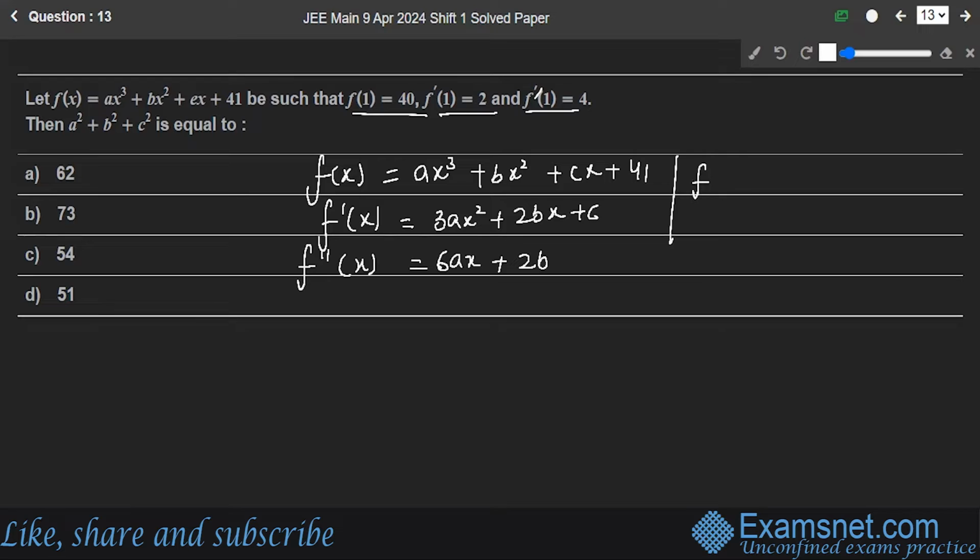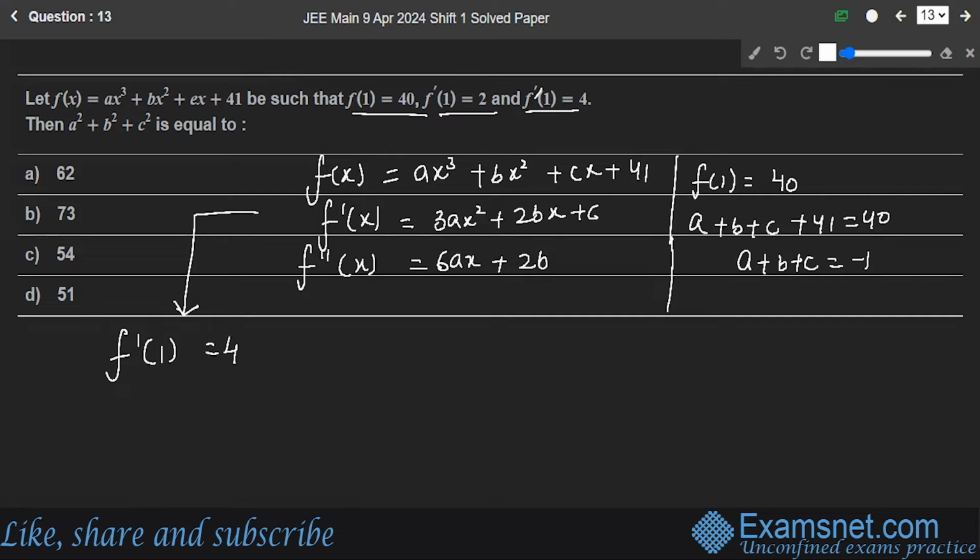Now you are given over here that f of 1 is equal to 40, right? So this gives me a plus b plus c plus 41 is equal to 40, or a plus b plus c is equal to minus 1. Also, f dash 1 is equal to 2, sorry for this.